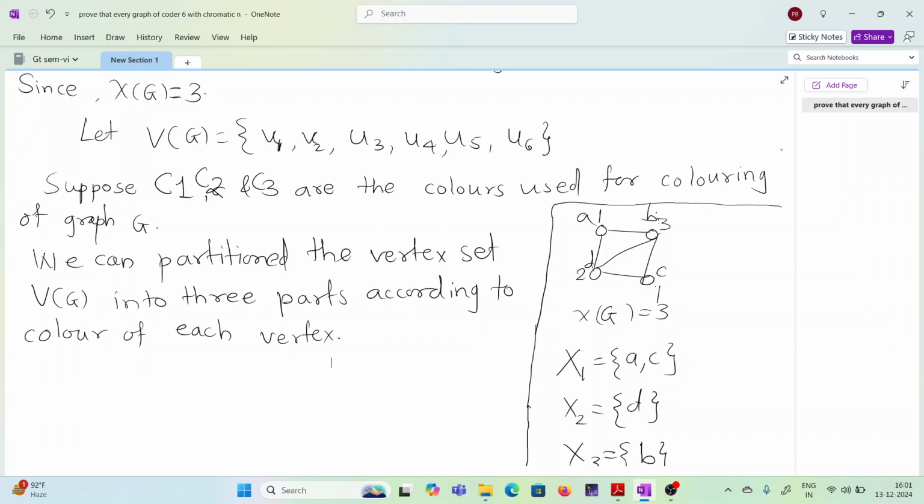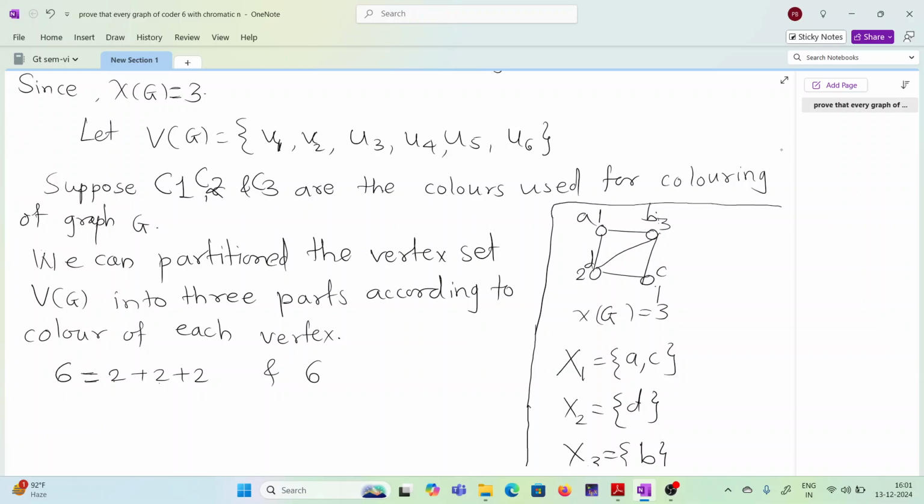So there are 2 possibilities to partition 6 vertices into 3 parts. We have 6 vertices, so we can partition these 6 vertices into 2 plus 2 plus 2, means the first set contains 2 vertices, the second set contains 2 vertices, and the third set contains 2 vertices.